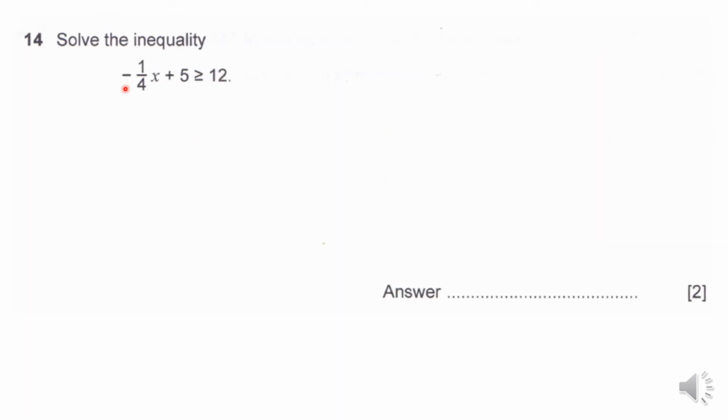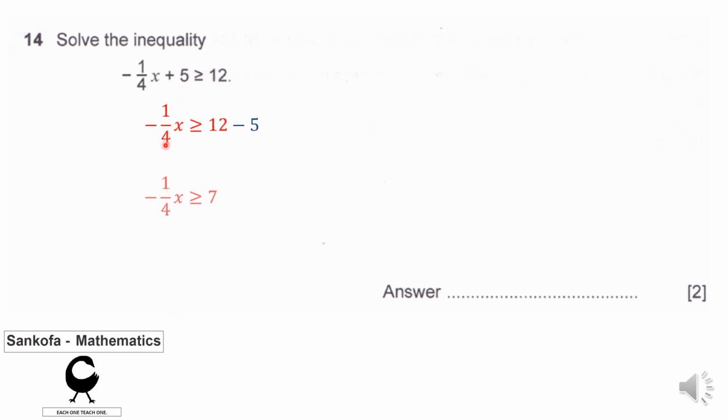Okay, so you've got an inequality here, and in order for you to solve this inequality, you gotta first subtract that 5 from both sides, so that gives you negative 1/4 x is greater than or equal to 7. So you gotta get rid of this negative 1 over 4, multiply by the inverse, which is negative 4. That gives you x is less than or equal to. So the inequality sign has to change whenever you multiply or divide by a negative.